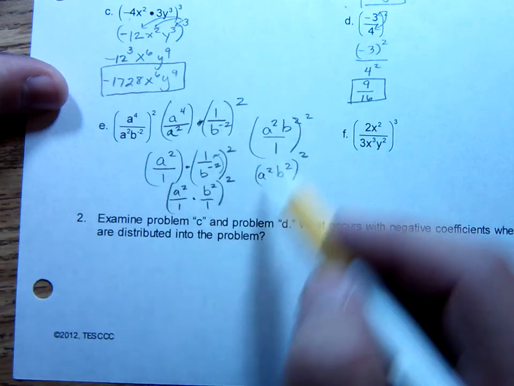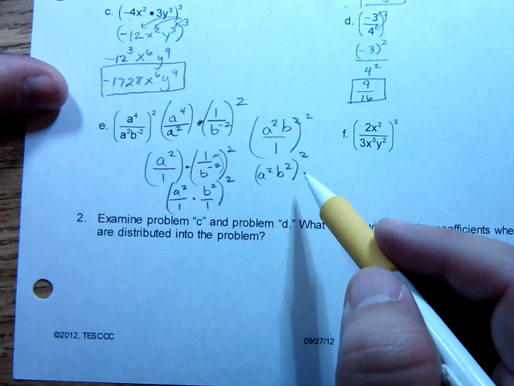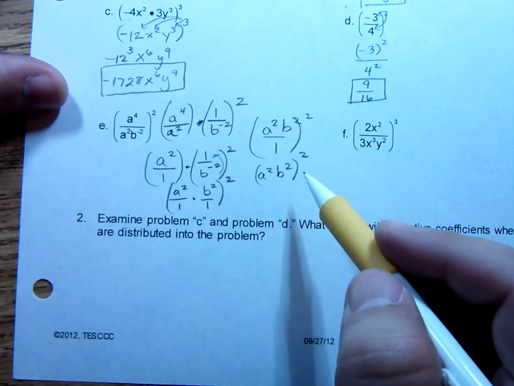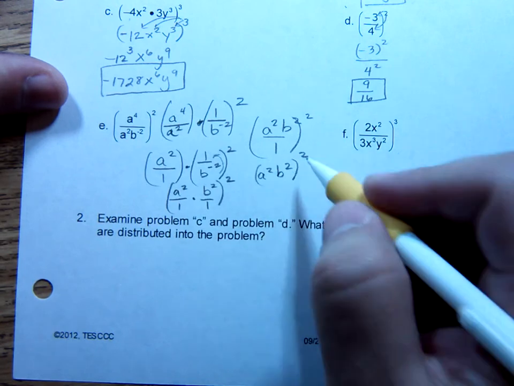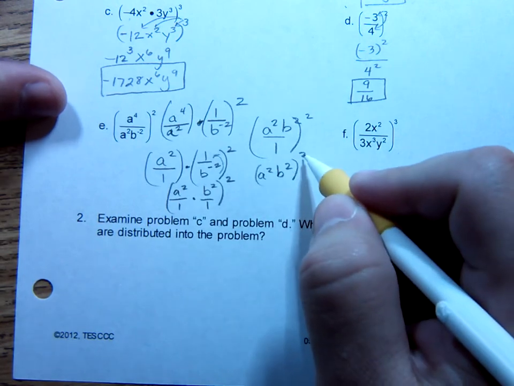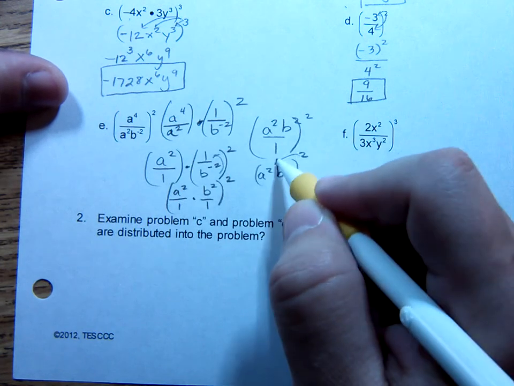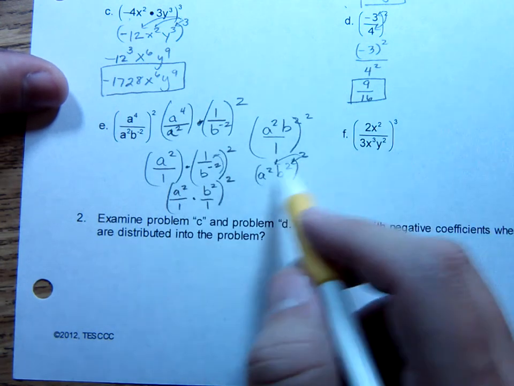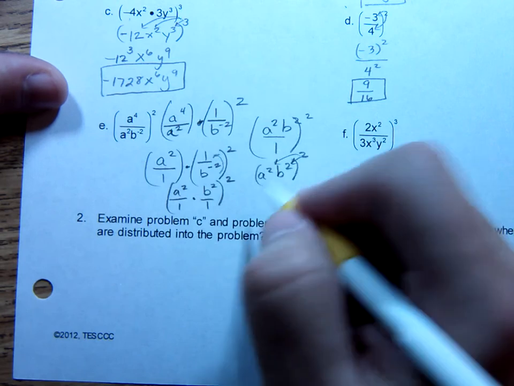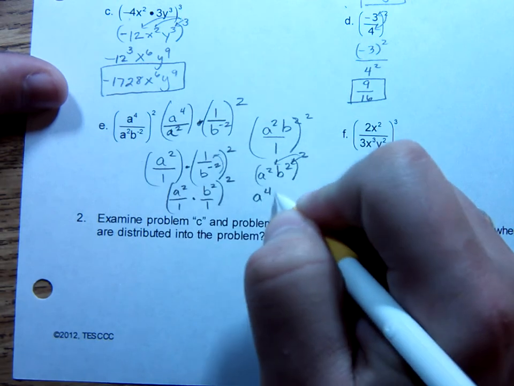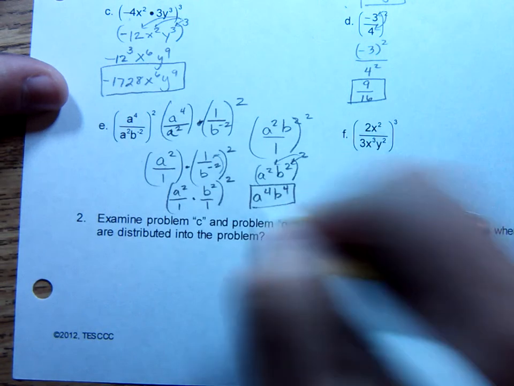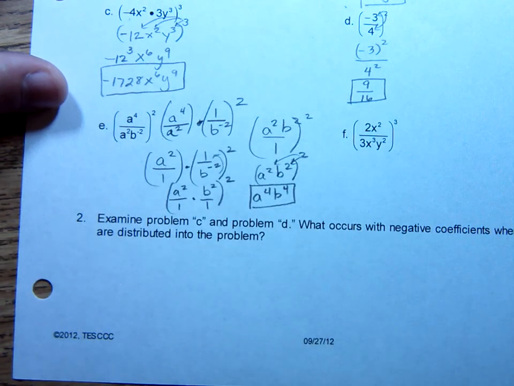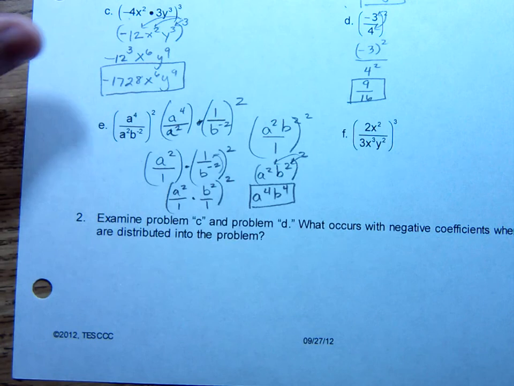Normally we wouldn't write all these steps, but I'm just showing you the process. So now 2 over here and 2 here, all that multiplication because it's a power to a power. So now I have a to the 4th power, b to the 4th power. And that's our answer. We cannot simplify anymore.